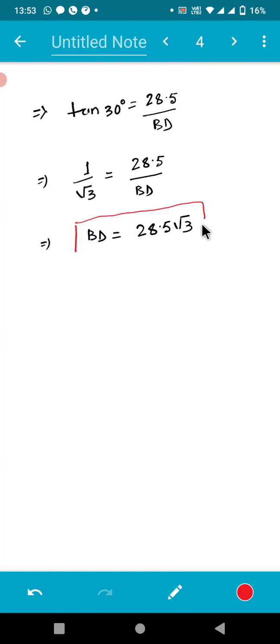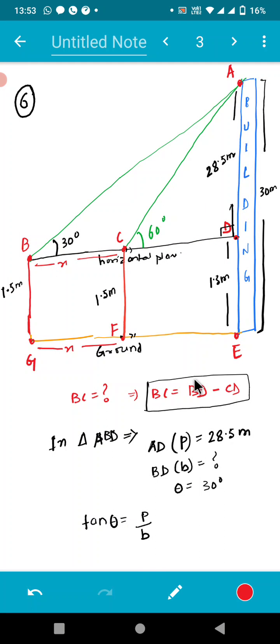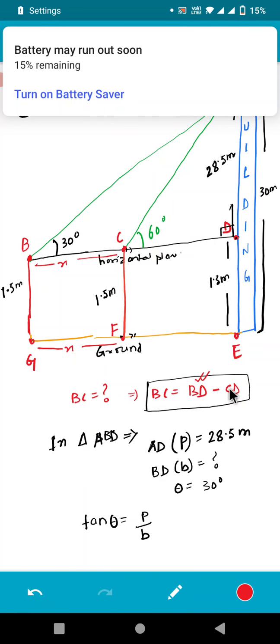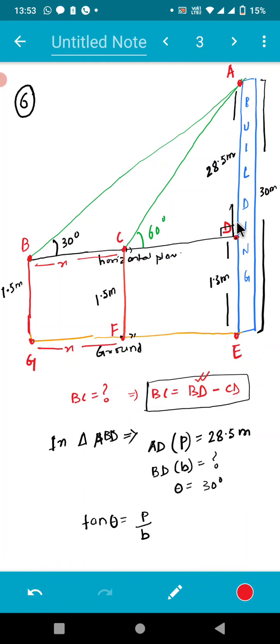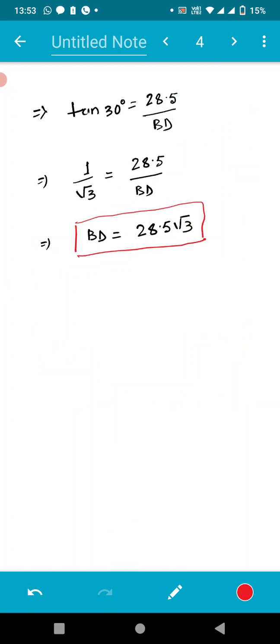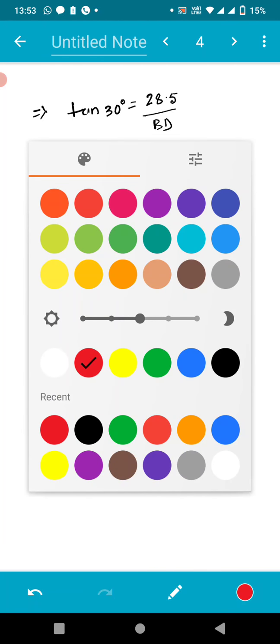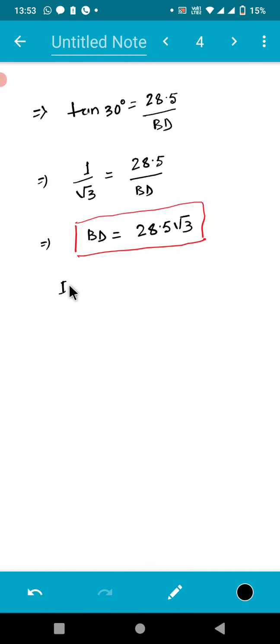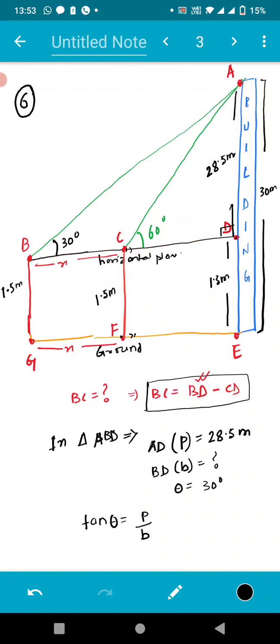So the first job is done. Now what is the next thing that we have to find out? See, BD is done. Now we have to find out the value of CD. To get the value of CD, which triangle we have to consider? We have to consider this triangle, that is ACD. A, C and D. This triangle we'll consider. So let's start. So in triangle ACD, again we'll find out what are the things given.